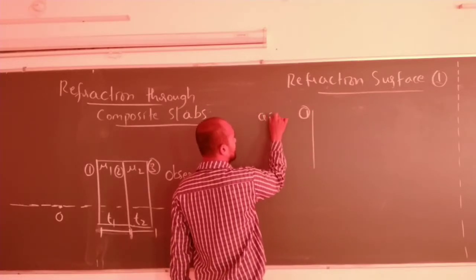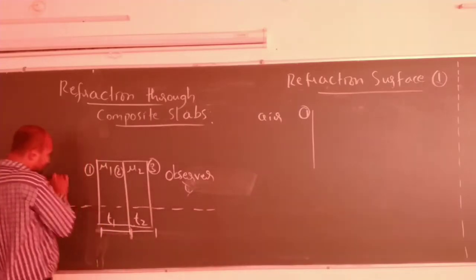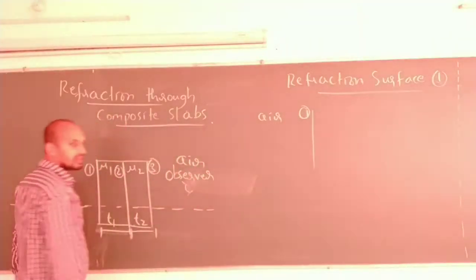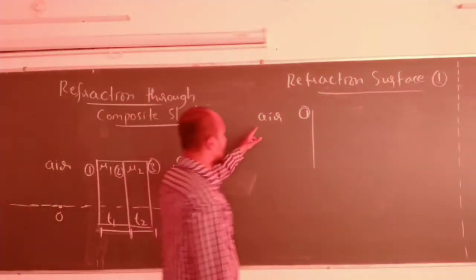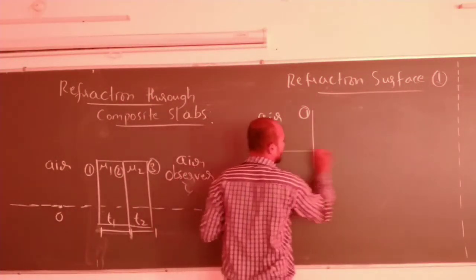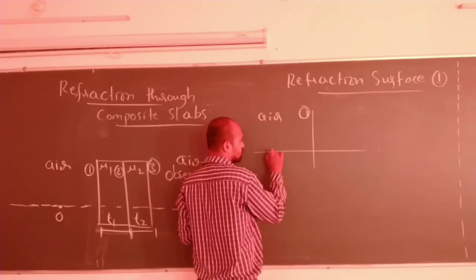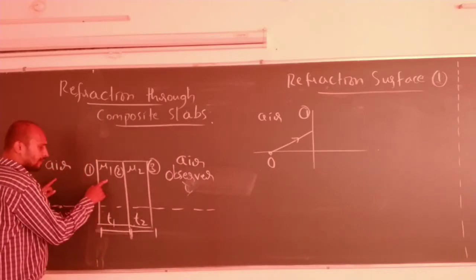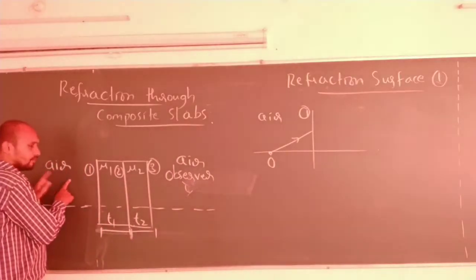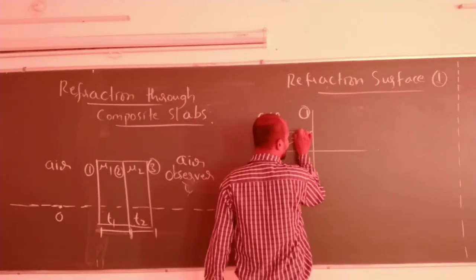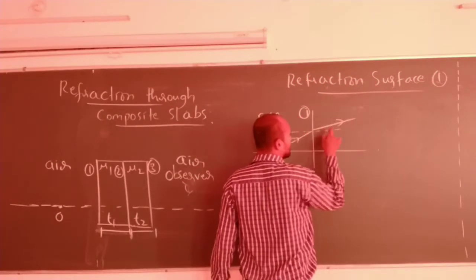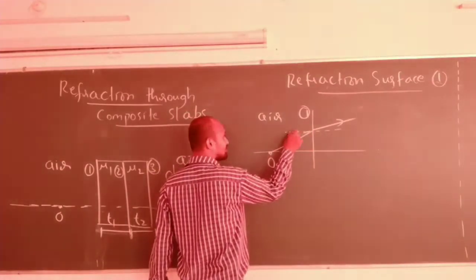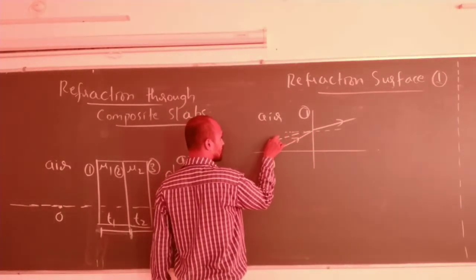Here air is there, and here also, let us take the medium as air. If I draw one ray from this object, it will pass through. Obviously this slab is denser compared to air. So if I draw one normal line, this ray will bend towards the normal. If it is bending towards the normal, there is a shift which is going to take place.